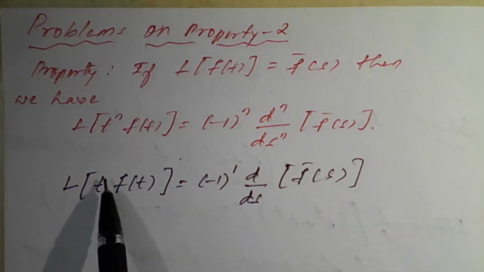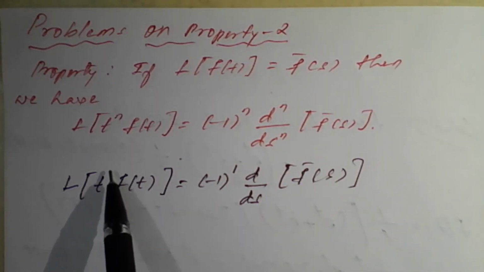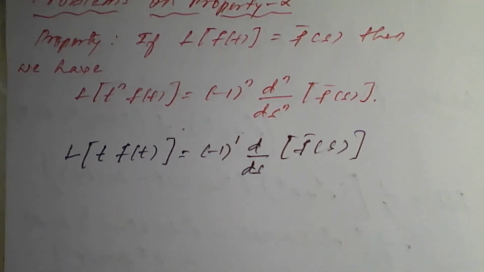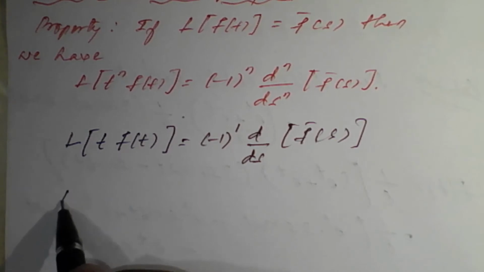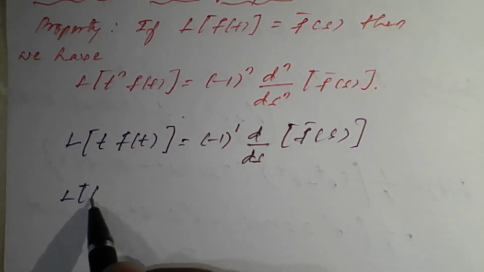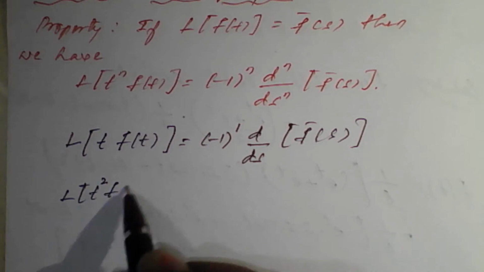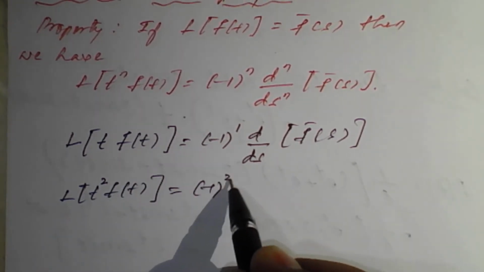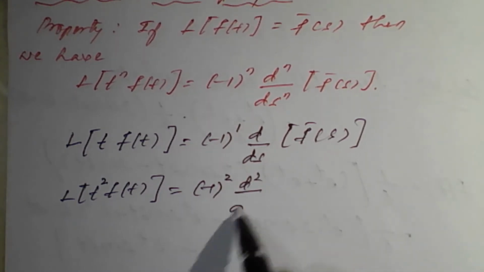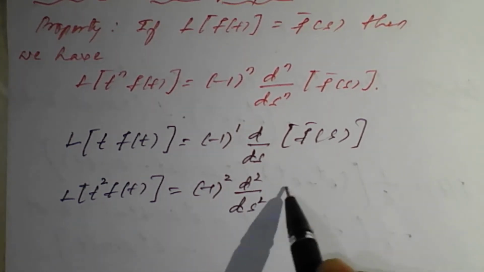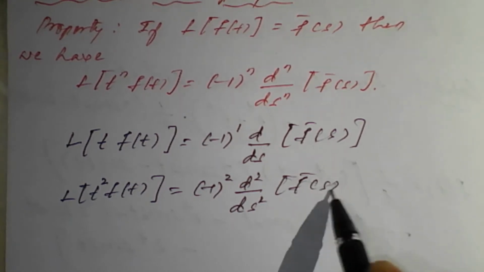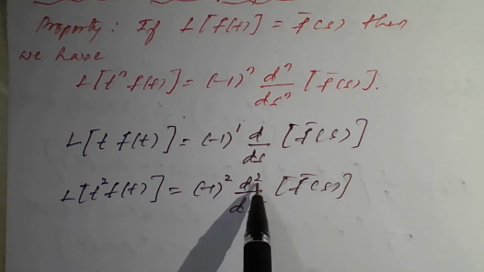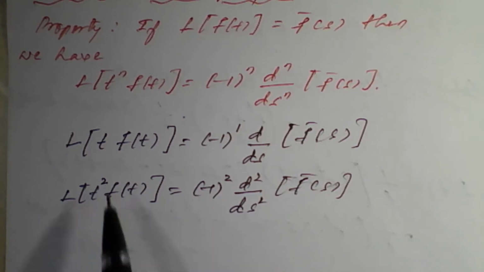Means if the power of t is 1, only one time differentiation. Next is Laplace transform of t square f of t, which is equal to minus 1 raised to 2, d square upon ds square of f dash of s. You just need to replace the value of n by 2 here because the power of t is 2.